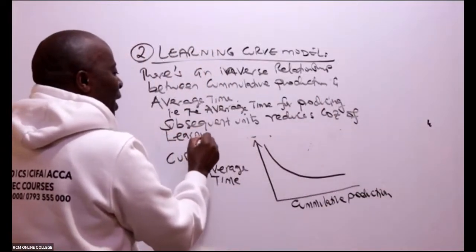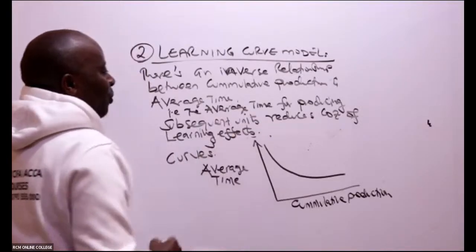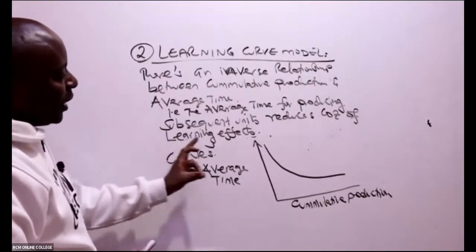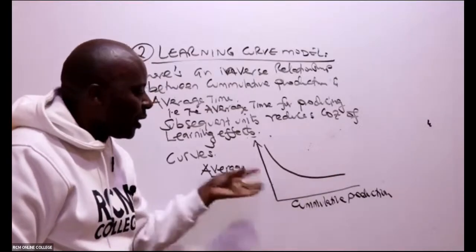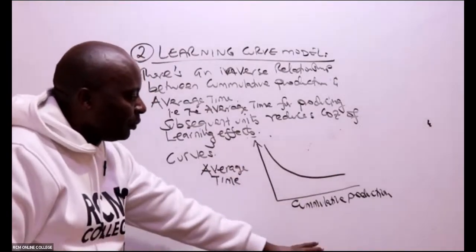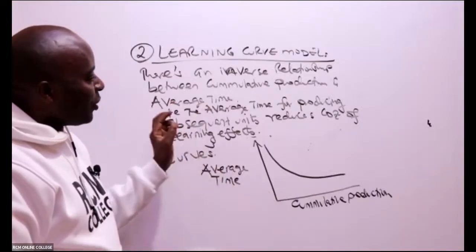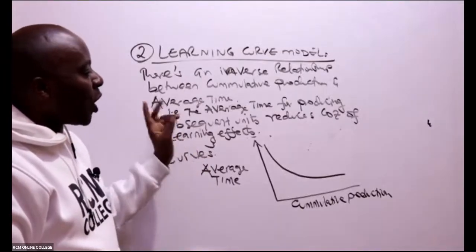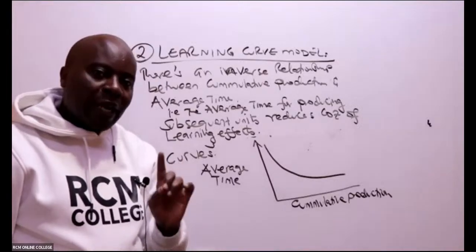In the learning curve model, you can see the inverse relationship: as the cumulative production increases, the average time goes down. The average time for producing subsequent units reduces because of what we call the learning effects.